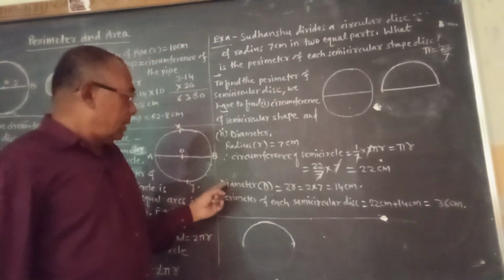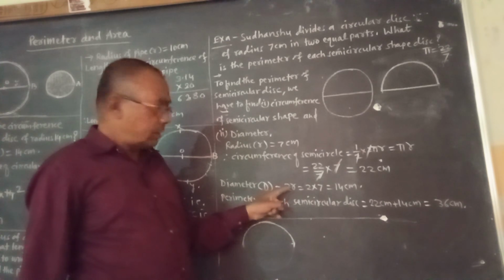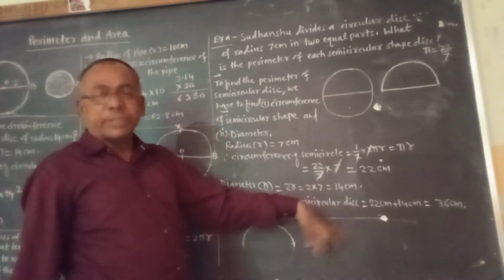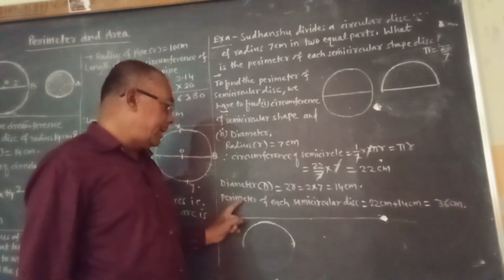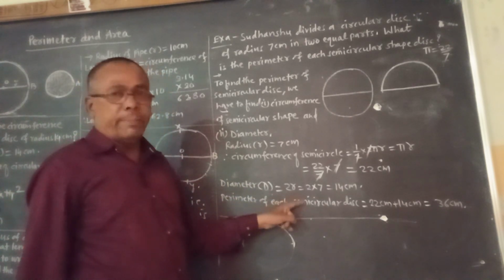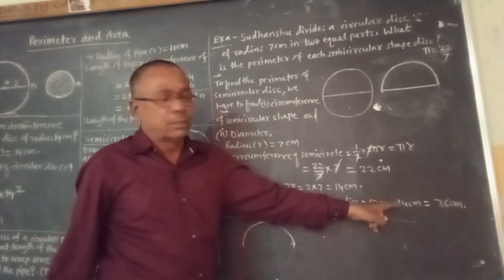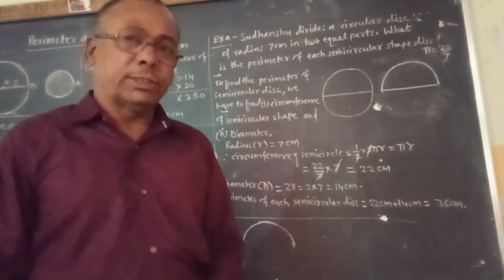Now the diameter is equal to 2r, that is 2 into 7, it will be 14 cm. So diameter is 14 cm, and therefore perimeter of each semicircular disc is equal to 22 cm plus 14 cm, that is equal to 36 cm.